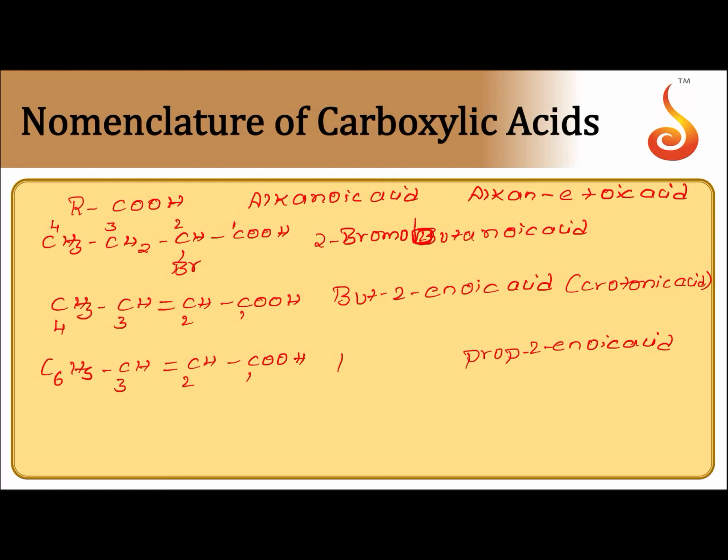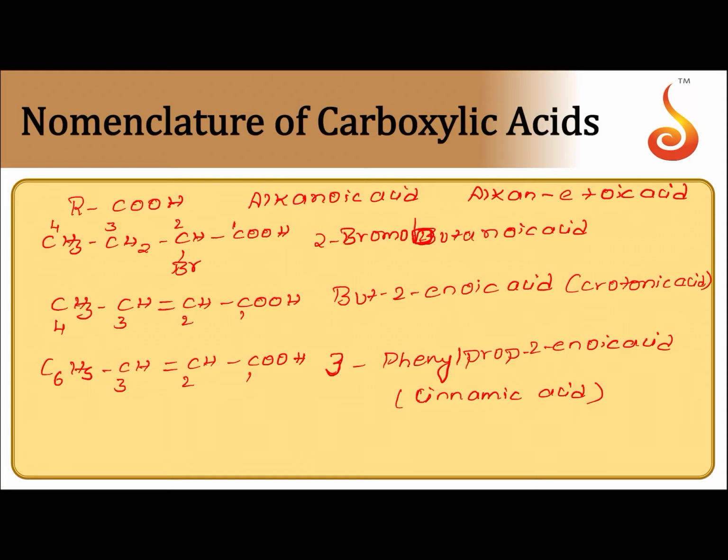But there is a substituent on the third carbon atom. What is the substituent? Phenyl group. So it is 3-phenylprop-2-enoic acid. The common name of this compound is cinnamic acid.